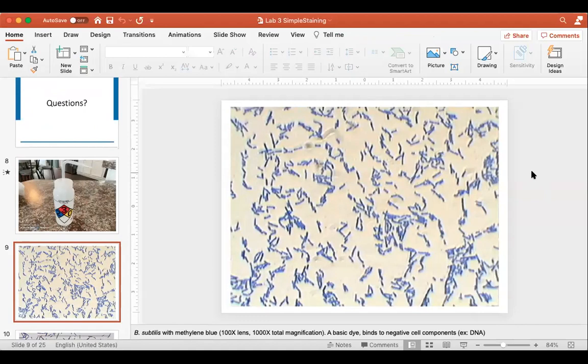Now, I am all the way up under the oil immersion lens here. So I'm under the 100x lens. And remember, we multiply the lens strength by 10, which is the magnification of the eyepieces. So these cells have been magnified 1,000 times. I think you can see that these cells are not round. They're not spherical. They're elongated cells.